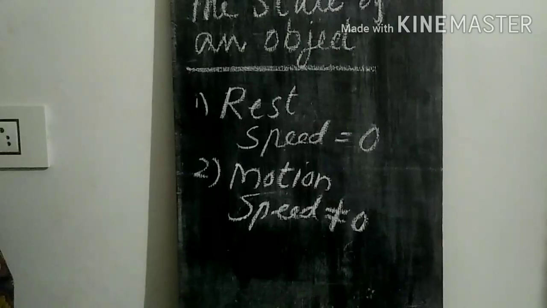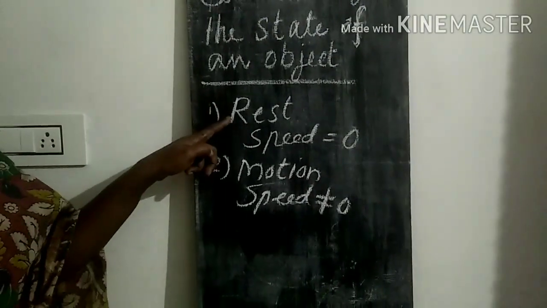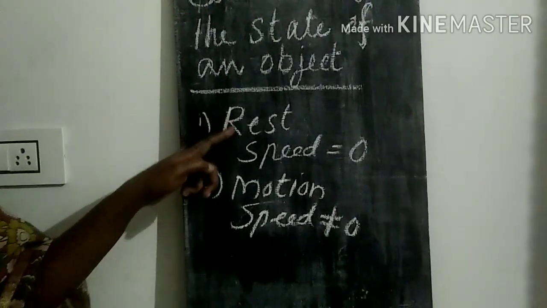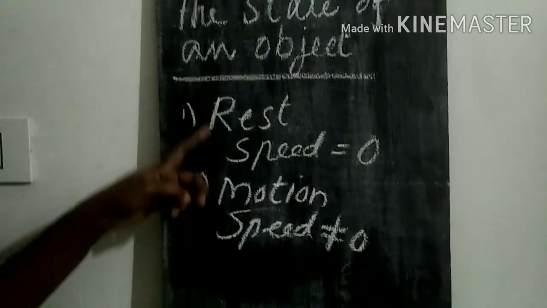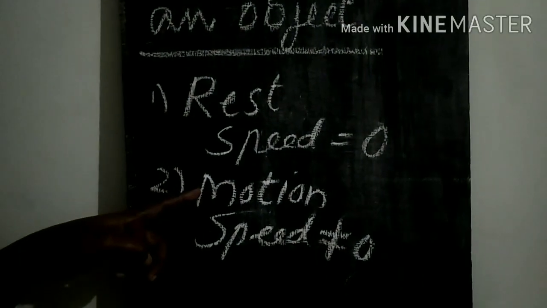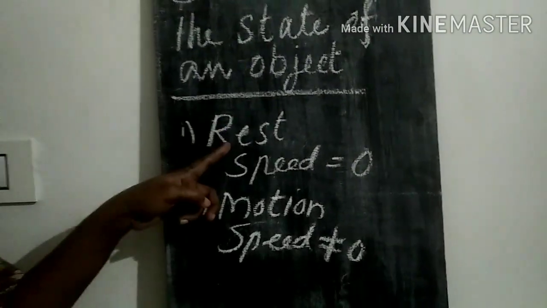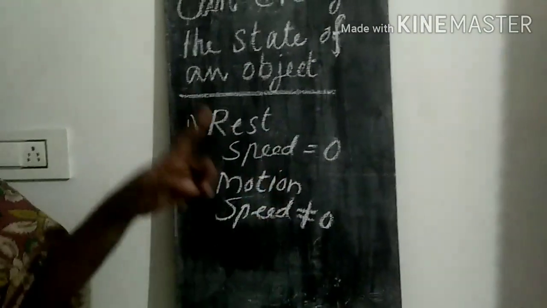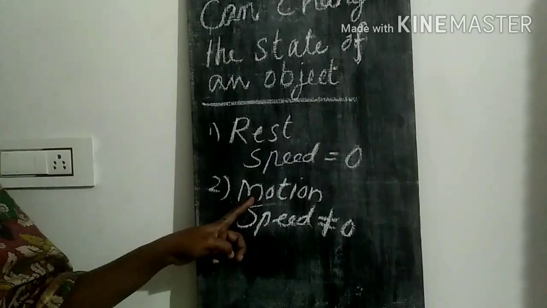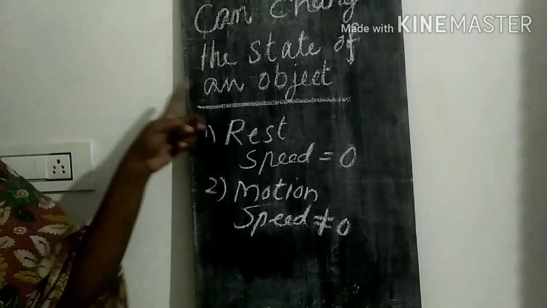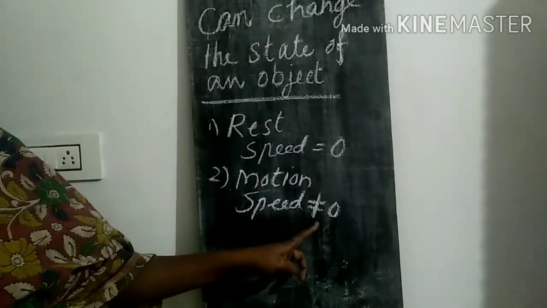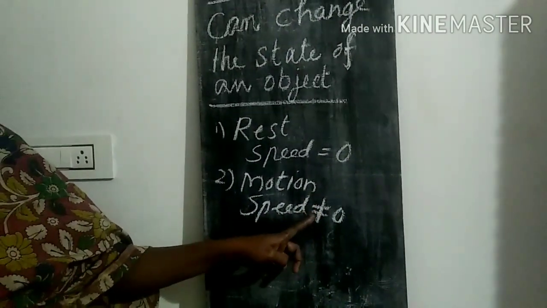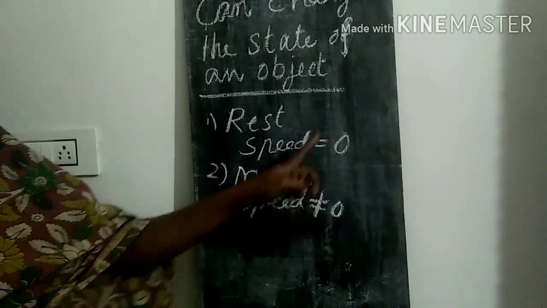And with the application of force, we can change the state. With the application of force, we can change the rest condition of an object to motion, or we can change the motion of an object into rest. We can bring the speed from 0 to a value, or change the speed from a value to 0.